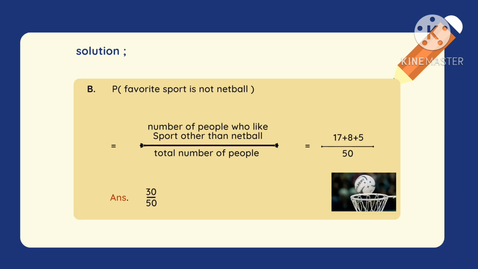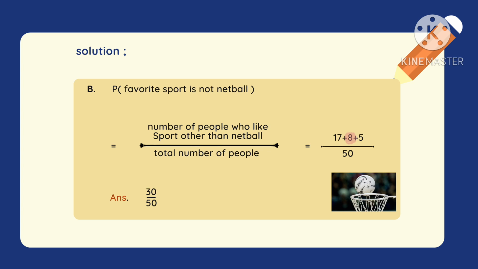B. Probability that the favorite sport is not netball is the number of people who like a sport other than netball divided by the total number of people. Consider the information in the table. There are 5 people who like football. There are 17 people who like chicken.